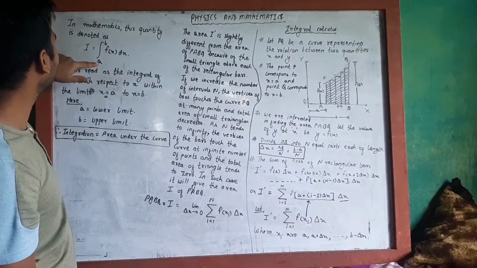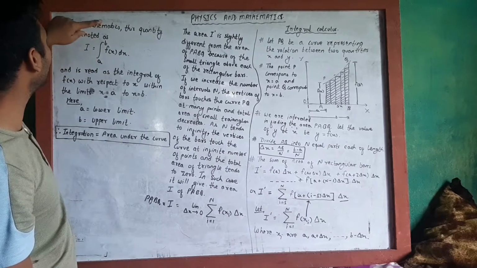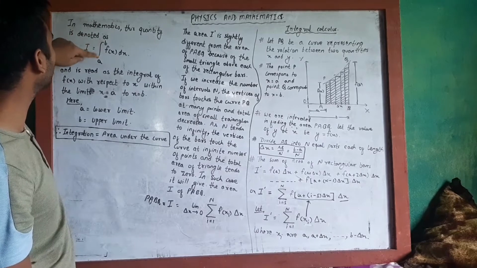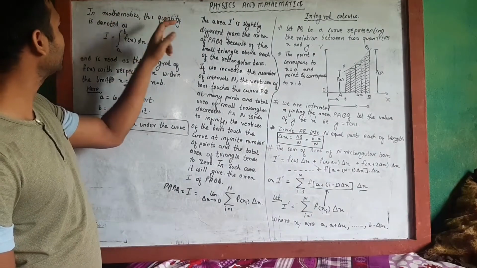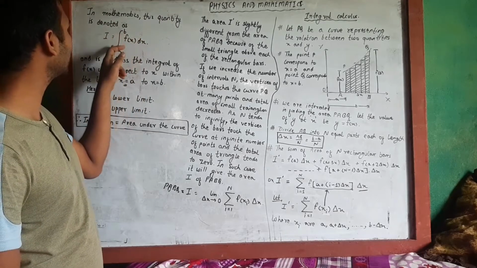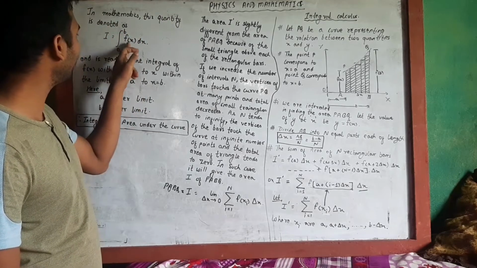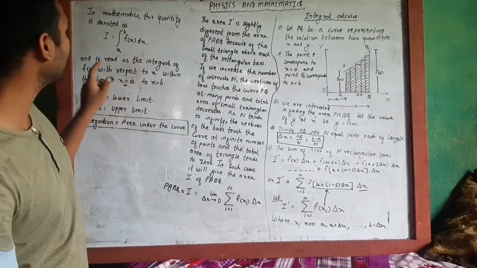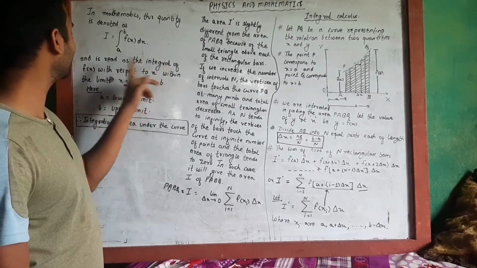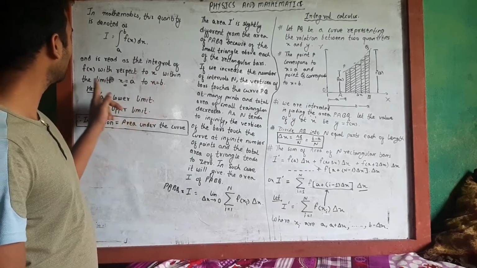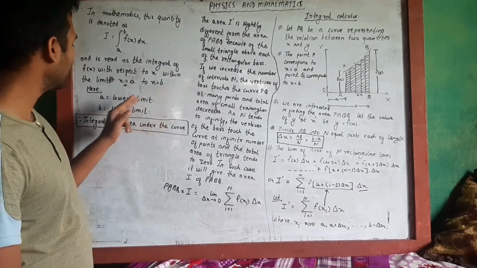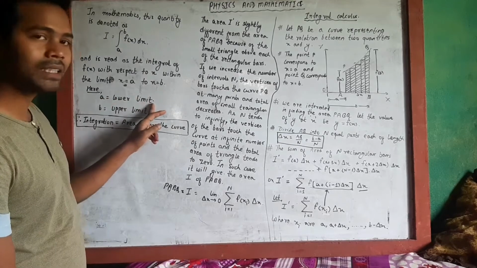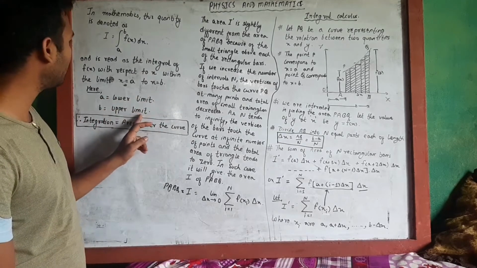This is read as the integral of f(x) with respect to x within the limit x is equal to a to x is equal to b. Here a is the lower limit and b is the upper limit.